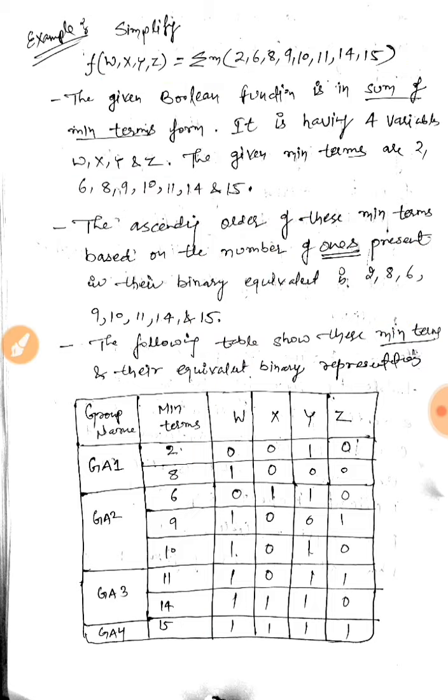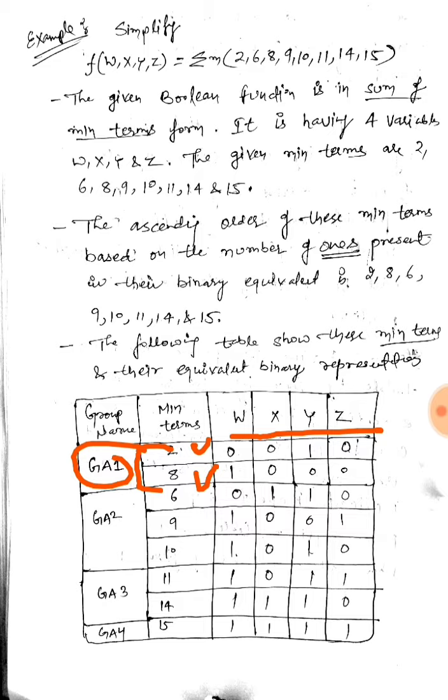The following table shows these minterms and their equivalent binary representation. If I have four variables w, x, y, z, the first minterm is 2, which has only one 1. Similarly 8 has only one 1, so I will group them together. This is my group 1.